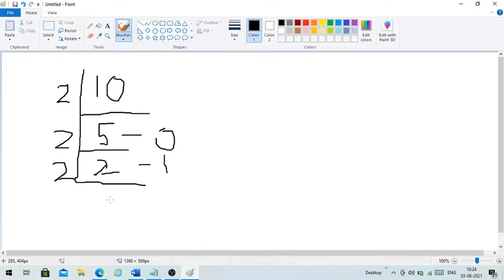So I will get 1, and the remainder will be 0. Then I will read from bottom to top. So what will be the result? The result will be 1 0 1 0. That is the corresponding binary equivalent. So this is a method for converting to binary equivalent.